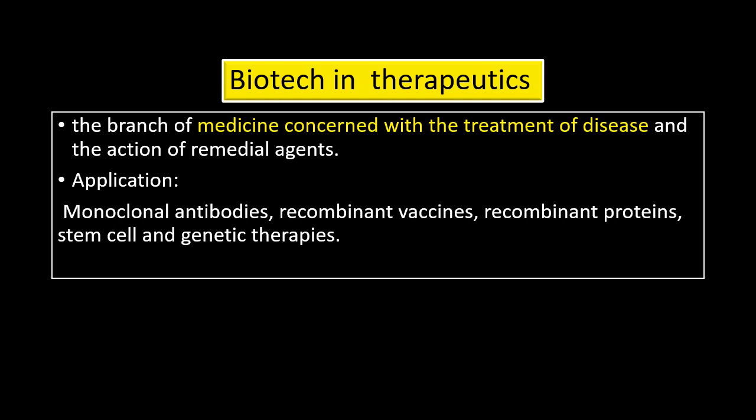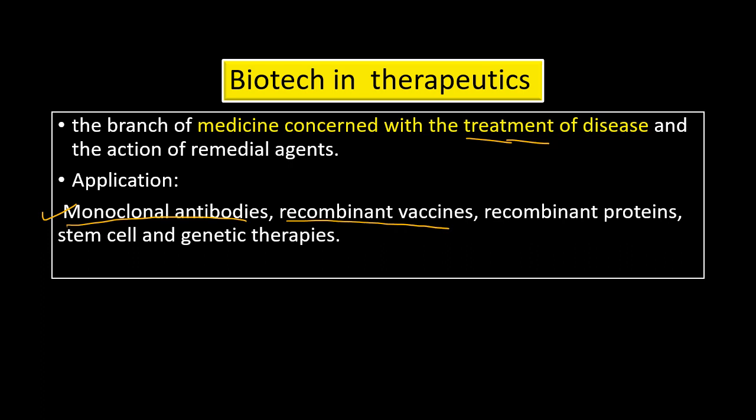So next one is biotech in therapeutics. What is the meaning of therapeutic? Therapeutic means a branch of medicine that helps in treating diseases. One example of biotech application in therapeutics is producing monoclonal antibodies, different types of antibodies, and recombinant vaccines. So what are antibodies? Antibodies provide immunity in our body.